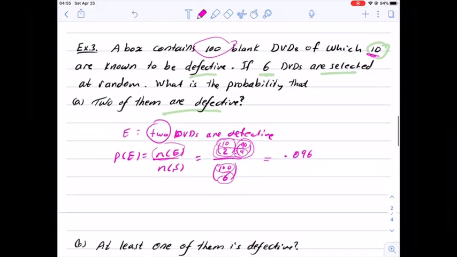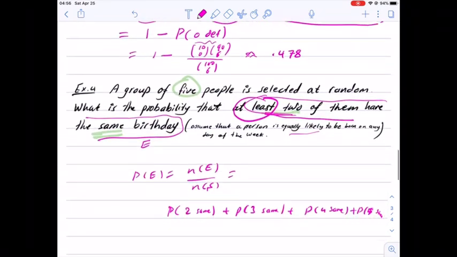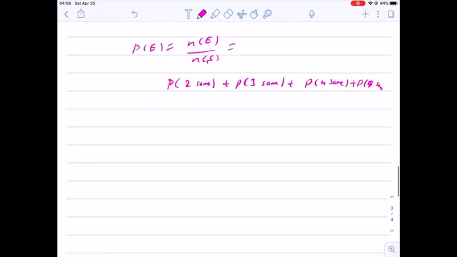And as in the previous problem, instead of finding all these probabilities, we can find 1 minus the probability that none of them have the same birthday.